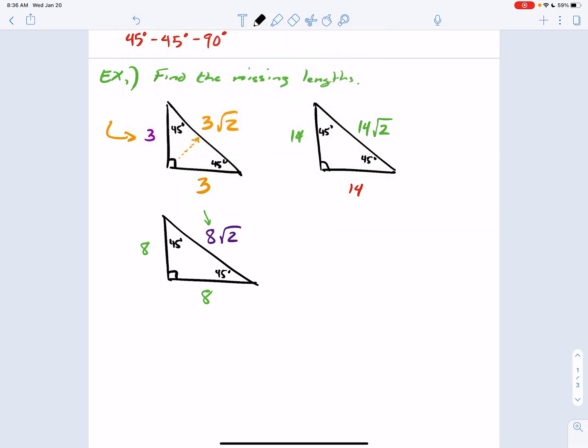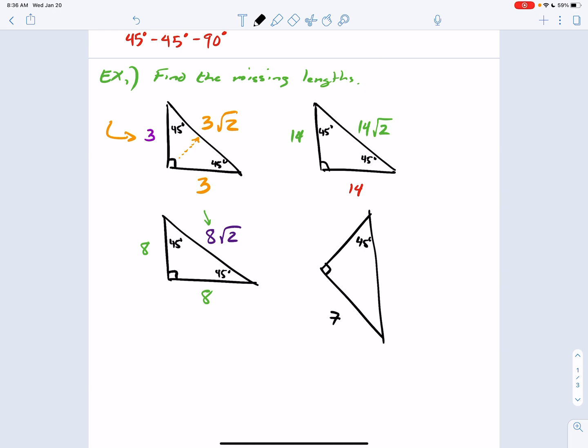Okay, so let's try a couple more. It does get a little tricky, but nothing that you guys can't handle. I'm going to go ahead and draw the triangle like this. Let me go ahead and say that this side is 7. Okay, so a few things here that were intentional.